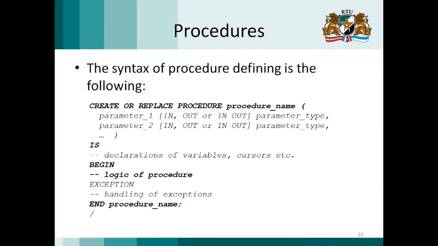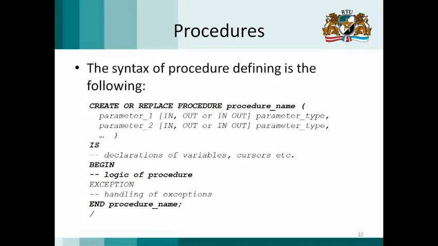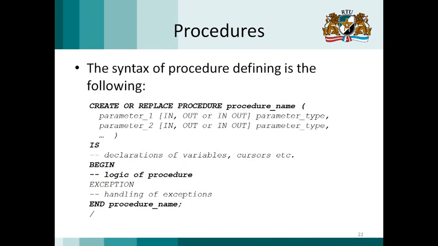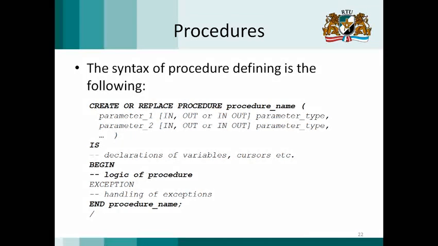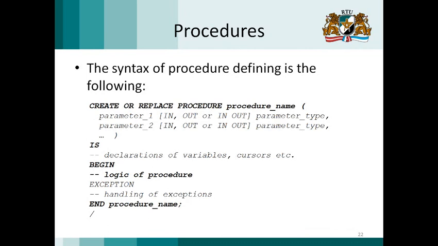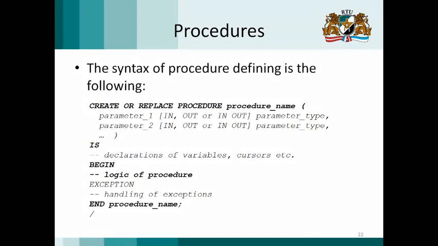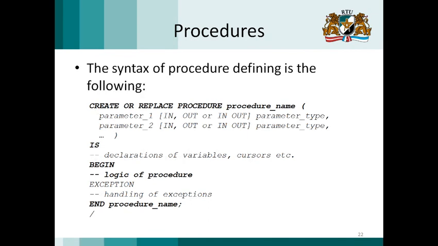What is characteristic to procedures? That it does something in its body. It does not return a result in a conventional way, like it is with functions. I will tell you about this later, but it only does some actions, and the only way to return some results outside of this procedure is to use out or in-out parameters.